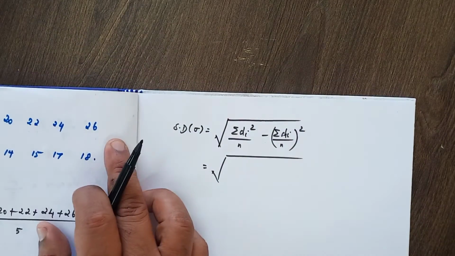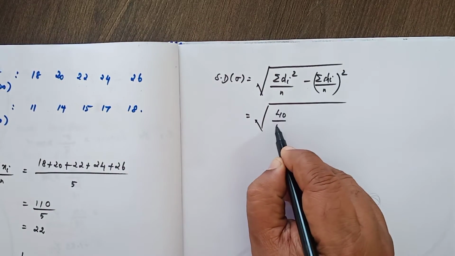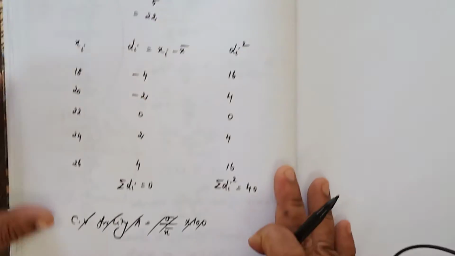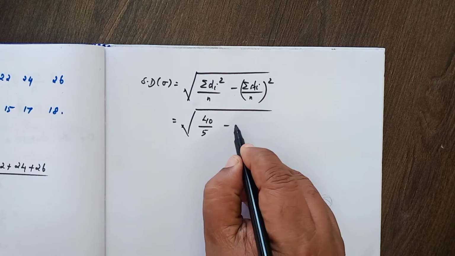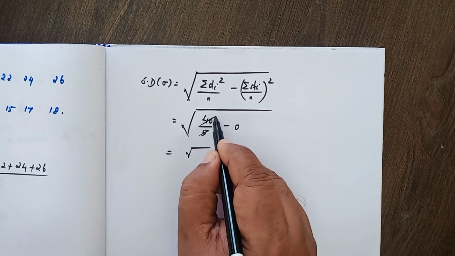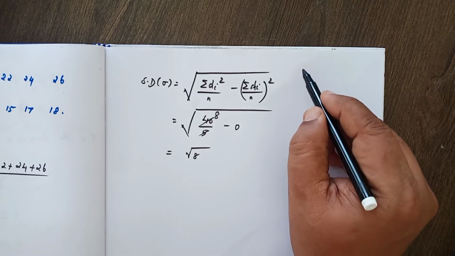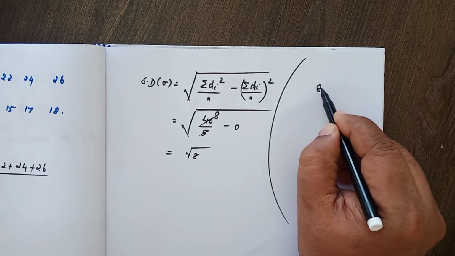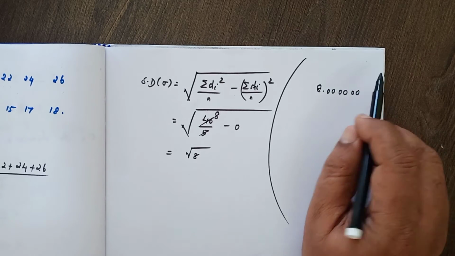The n value is 5. 40 divided by 5 minus sigma di value, which is 0. 0 by anything is 0, 0 square is 0. That is equal to 40 divided by 5, that is equal to 8. We have to find out the square root of 8. I do it here. 8 you can write as 8.0000, any number of zeros can be added.